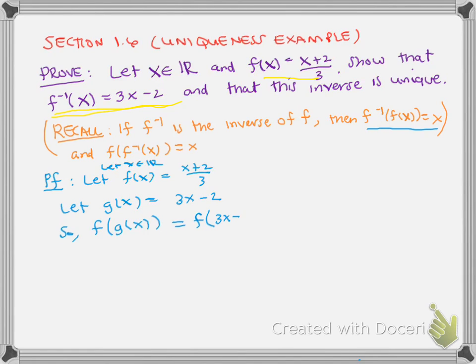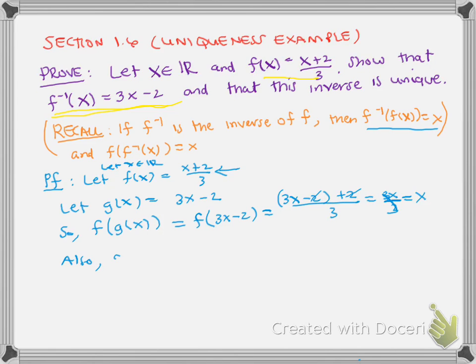Wherever we see an x in this function, we plug in 3x minus 2, so (3x minus 2 plus 2) all over 3. The 2's cancel, 3x over 3, the 3's cancel, and we're left with x.